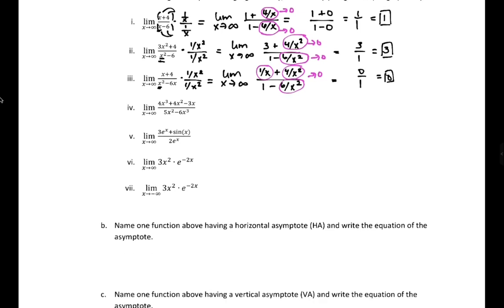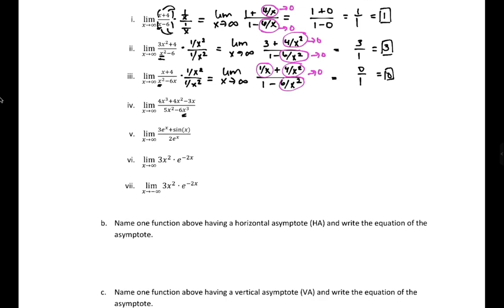Looking at number 4, the highest power of x in the denominator is x cubed, so I'm going to divide the top and the bottom by x cubed. This is equal to the limit as x approaches infinity of 4 plus 4 over x minus 3 over x squared, all over 5 over x minus 6.